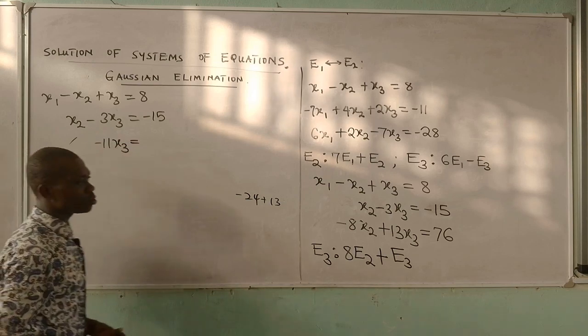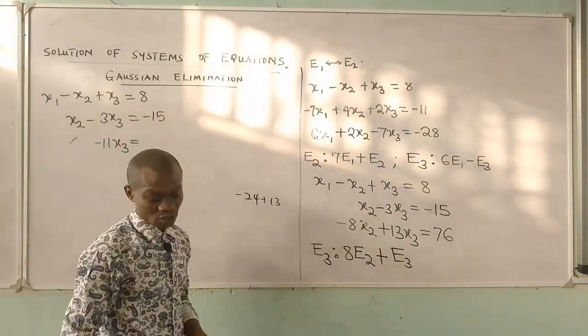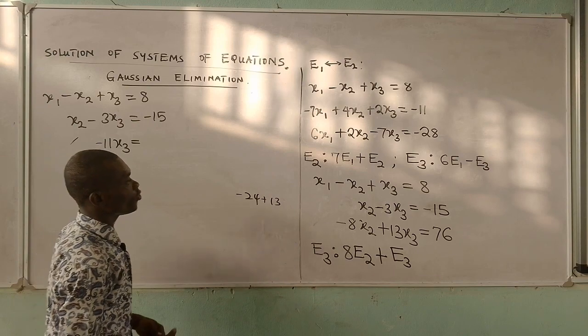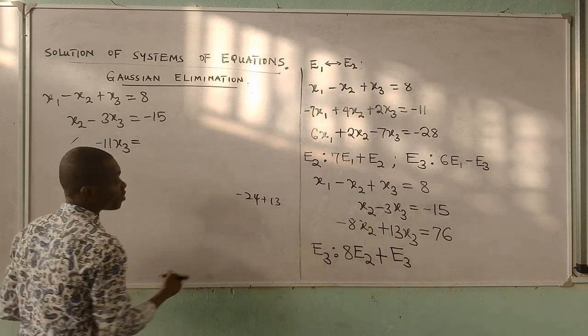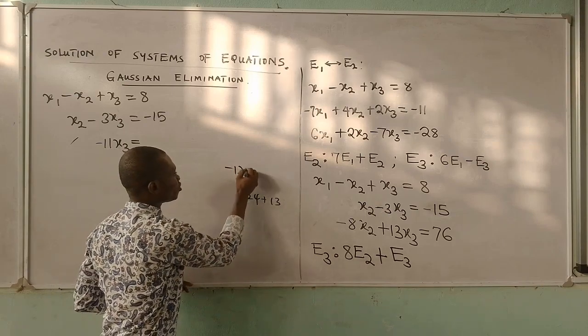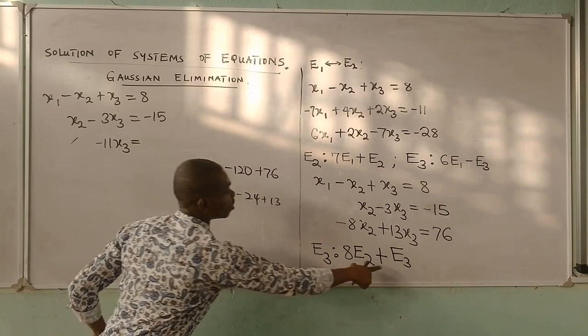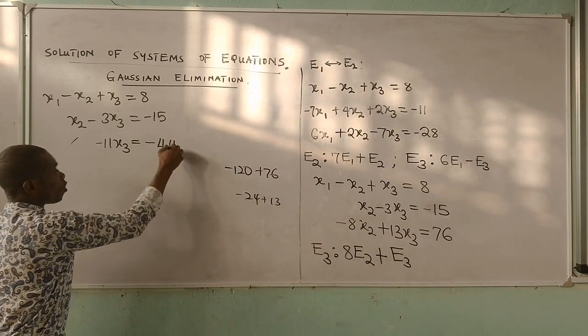And that is equal to, then lastly, multiply minus 15 by 8. If you multiply minus 15 by 8, that will give us minus 120. And when you add 76 to it, which is your E3, that's going to be negative 44.